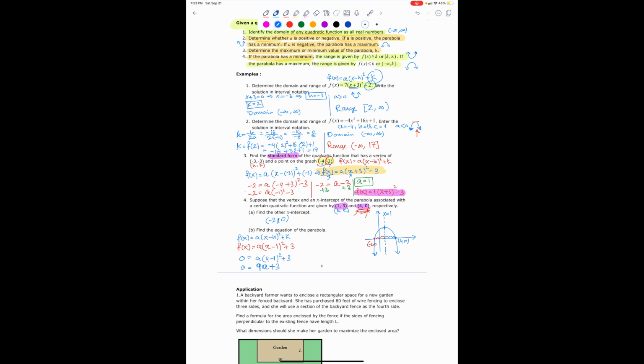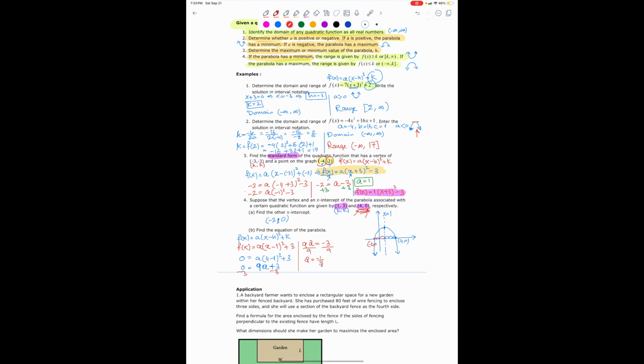We're going to subtract 3 from both sides. We get 9a equals -3, and if you divide by 9 on both sides, it will give me a equals -1/3.